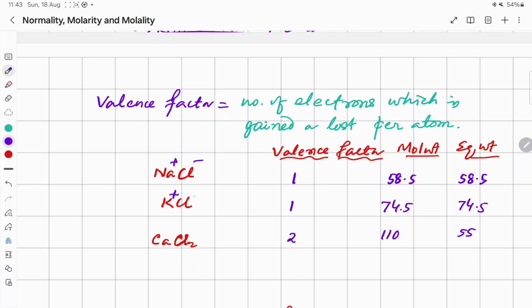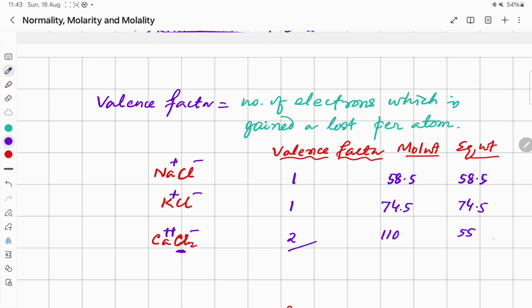Similarly, potassium chloride, and in calcium chloride, calcium is losing 2 electrons and 2 chloride atoms are gaining these electrons. So here, in case of sodium chloride, valence factor will be 1, potassium chloride valence factor will be 1, but in calcium chloride valence factor will be 2.